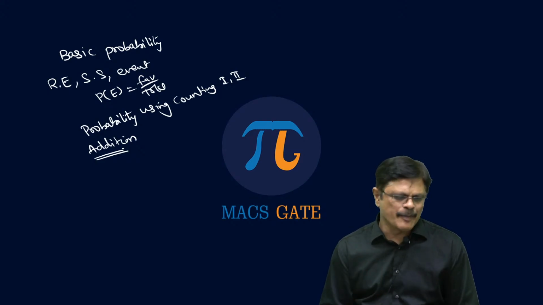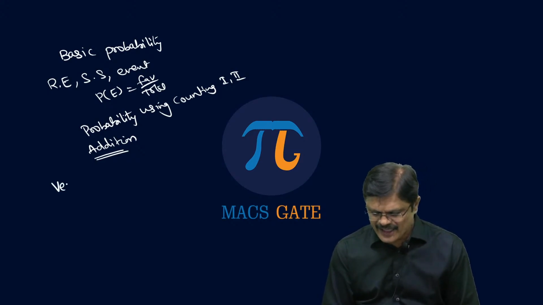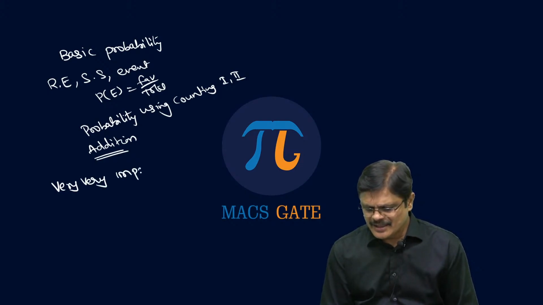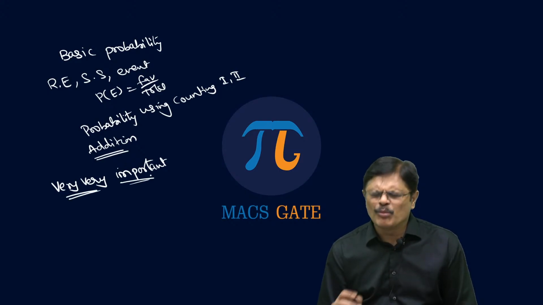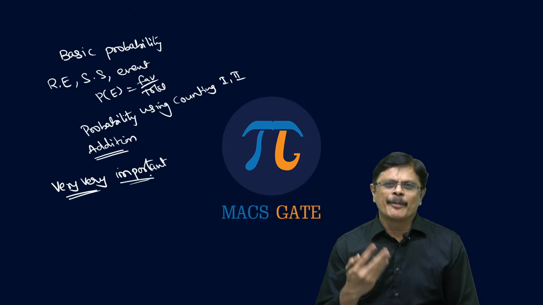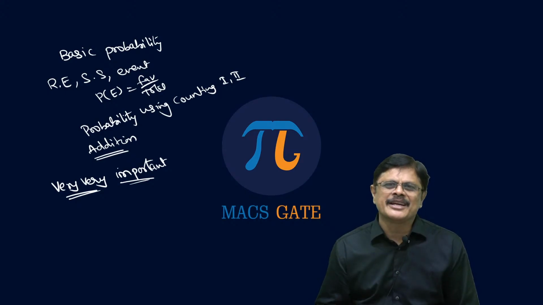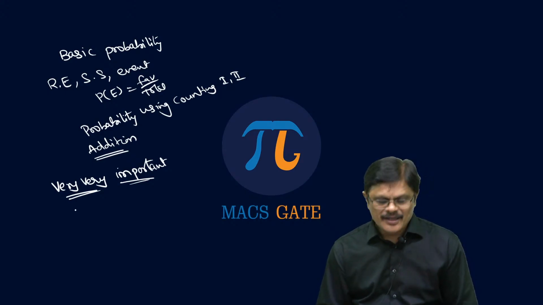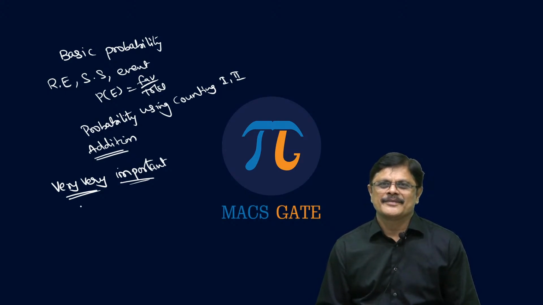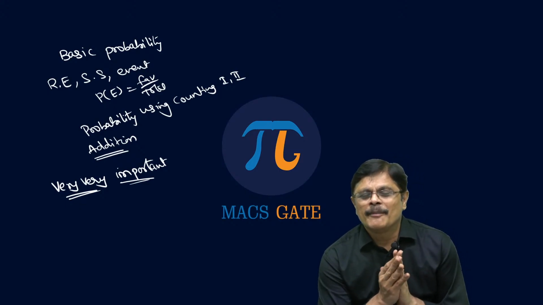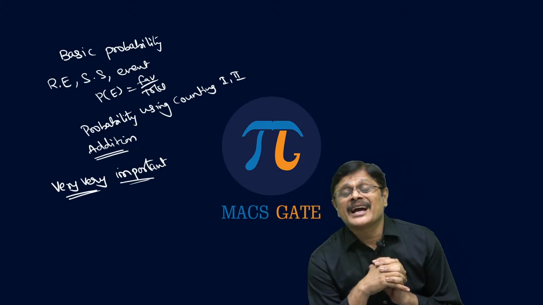The next part is very, very important. From here onwards, the concepts are very important. For most of the branches, the probability syllabus is given from here only. That is the multiplication theorem and conditional probability.